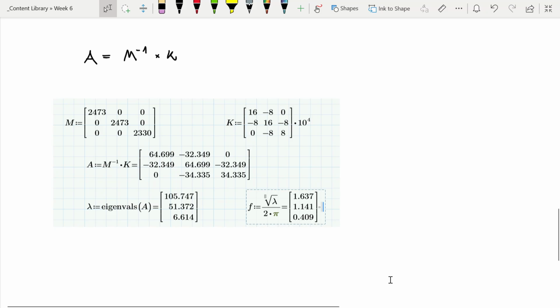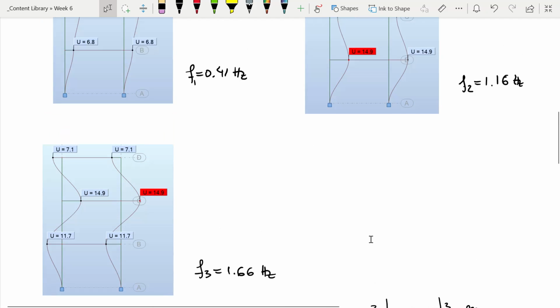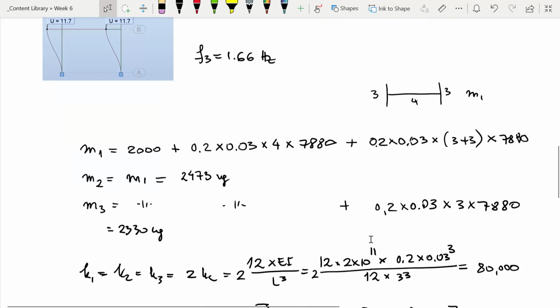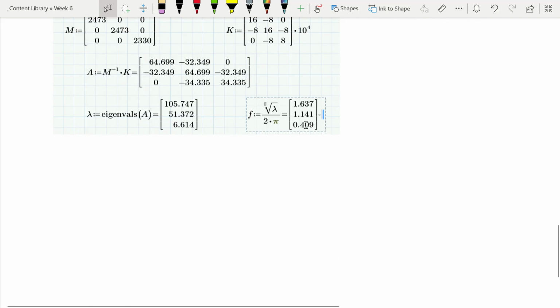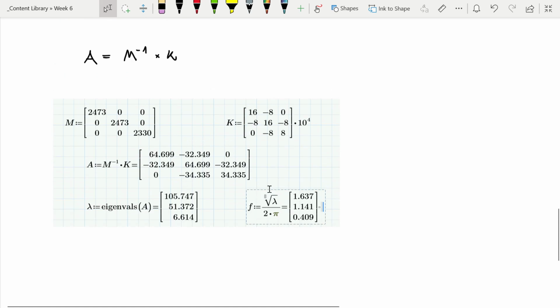I could do it in Mascad as well, but anyway, so these are matching what we got before relatively closely, which was 041, 116, 166. 041, yeah, close, 116, relatively close, 166. So small percentages.